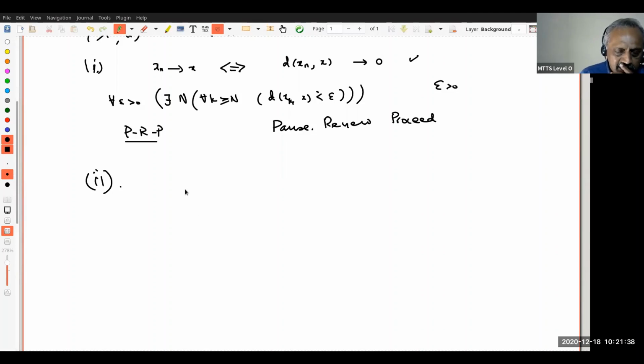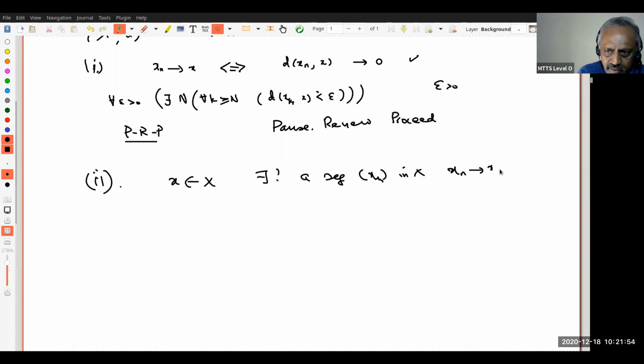The third thing is what I usually ask, but again I forgot. Suppose x in X is given, can you think of a sequence xn in X so that xn converges to x? Of course, the obvious choice will be to take xn equal to x itself.